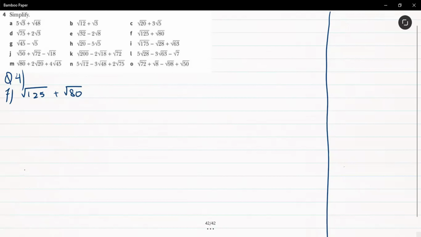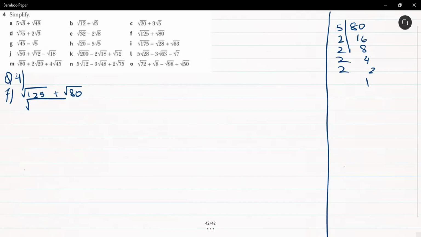The thing is, I have to find what √80 is. So what is √80? 5 sixteens are 80. And then we have 2 eights are 16, 2 fours are 8, 2 twos are 4, and 2 ones are 2.